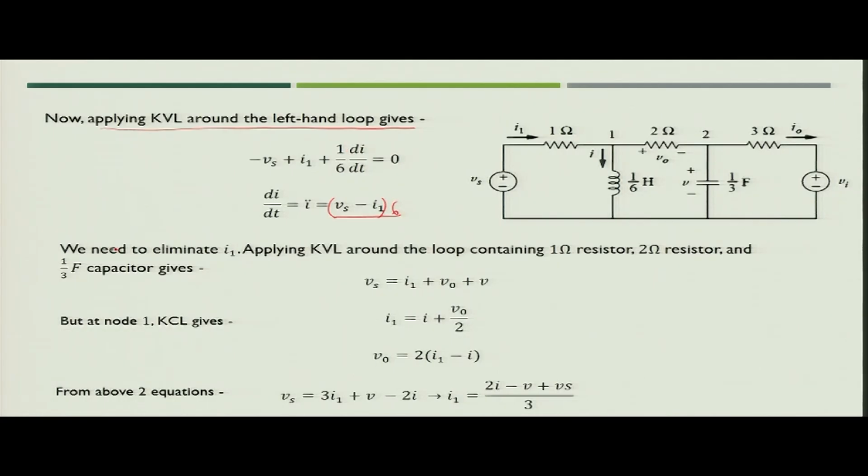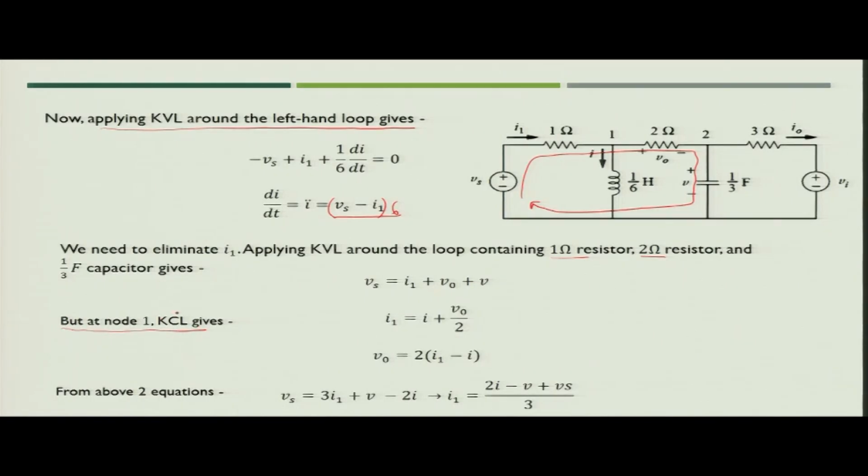Now, we need to eliminate I1 from this, and apply KVL around the loop containing the 1 ohm resistor, the 2 ohm resistor and the 1 by 3 farad capacitor. If you apply KVL around this loop, you get Vs equal to I1 plus V naught plus V. What is I1?